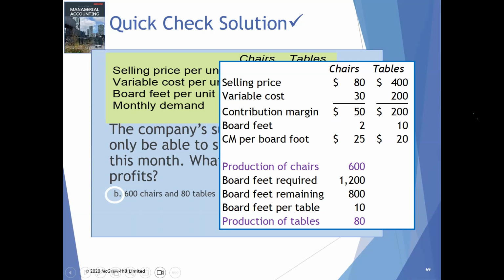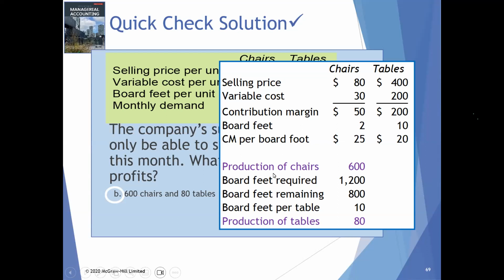So $25 is the figure that we have calculated. The contribution margin is the main thing, but we want to calculate not only the contribution margin alone, but the contribution margin per board foot, right? So it's 25 and 20. Now we can see that if we produce more chairs, this one is a $20 margin, this one is 25, so that is where we can have more profit.